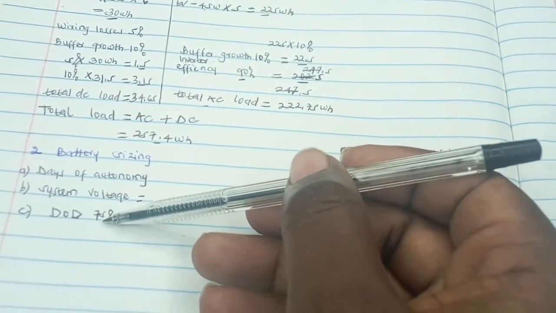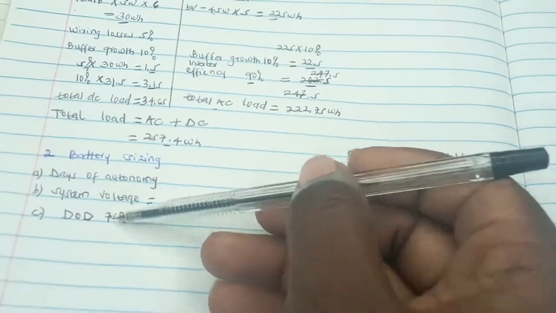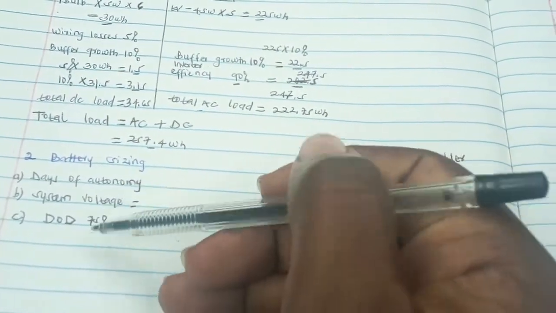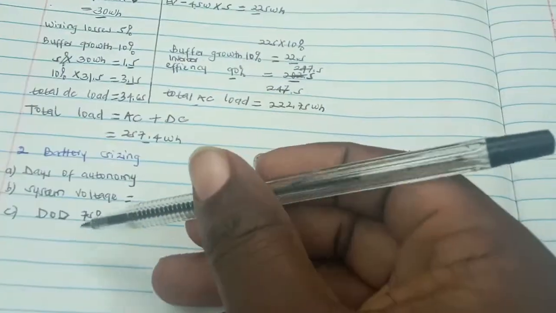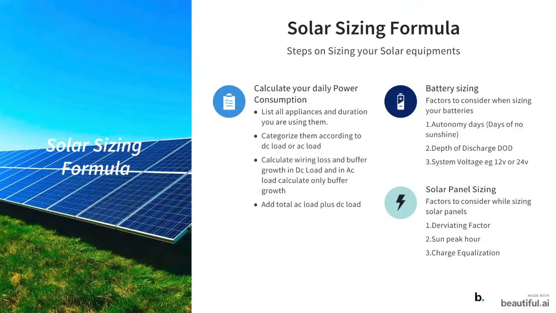Maybe you want to deplete it up to 75% or 90%, but we were told the 75% is the most recommended one.